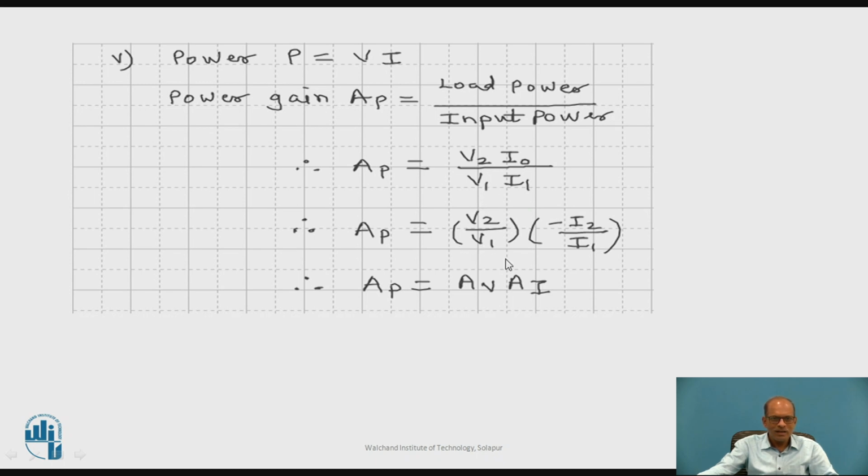Rearranging the terms, Ap equals V2 by V1 multiplied by Io by I1, where Io is minus I2. So the power gain Ap equals V2 by V1, which is the voltage gain, times minus I2 by I1, which is the current gain. Therefore, power gain is the product of voltage gain and current gain.